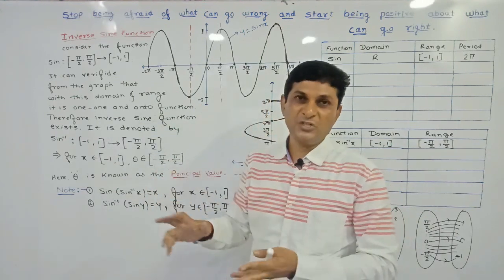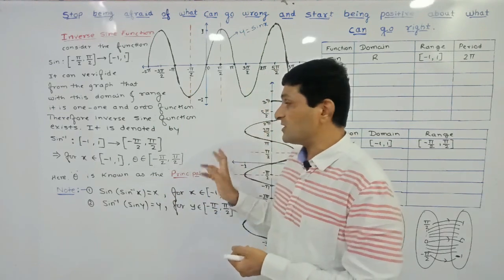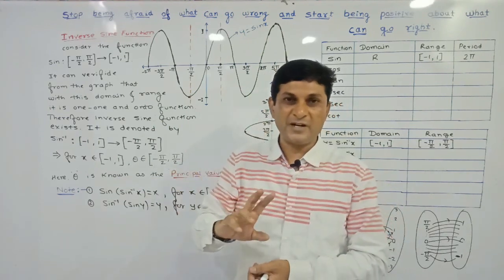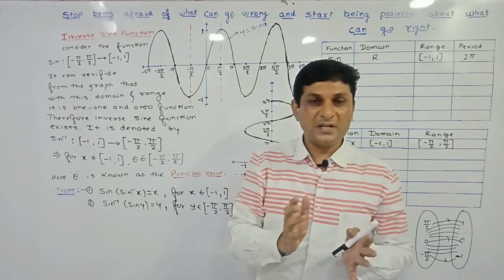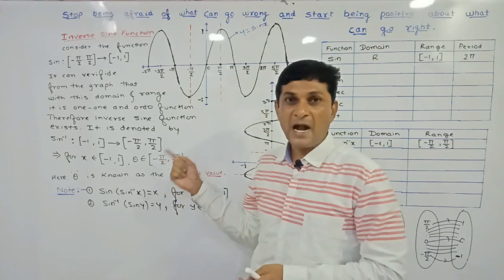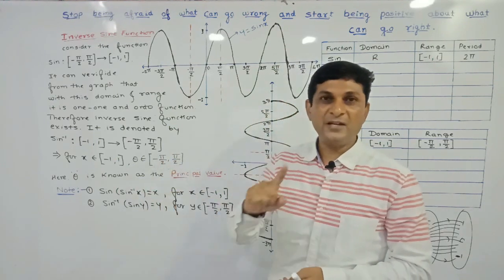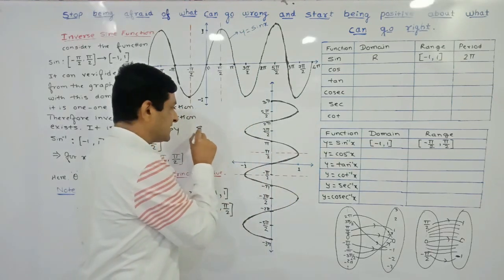Principal value. Means if question is asked to find out principal value, infinite number of values are there which satisfies the given inverse trigonometric function, but we are considering such values of theta which lies in between this interval, at that time only that value is called as what? Principal value.